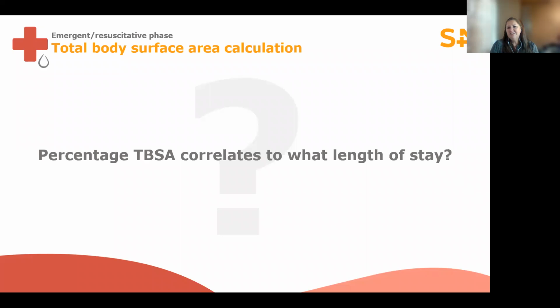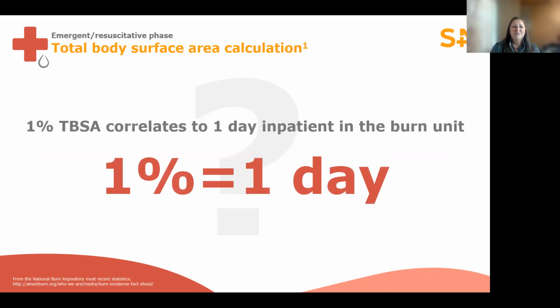So just a little trivia. I'm not expecting an answer since we are recording this, but we often say there is a percentage of TBSA that correlates to a length of stay. I'll give you just a second while we switch the screen. So what we generally say is, aside from other trauma and comorbidities, 1% TBSA is equal to 1 day stay in the burn unit.